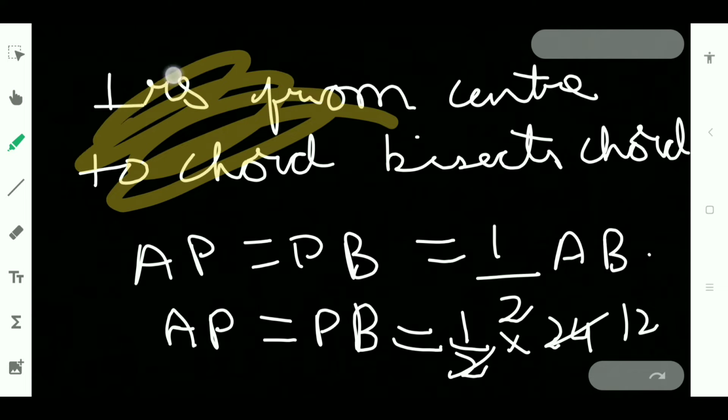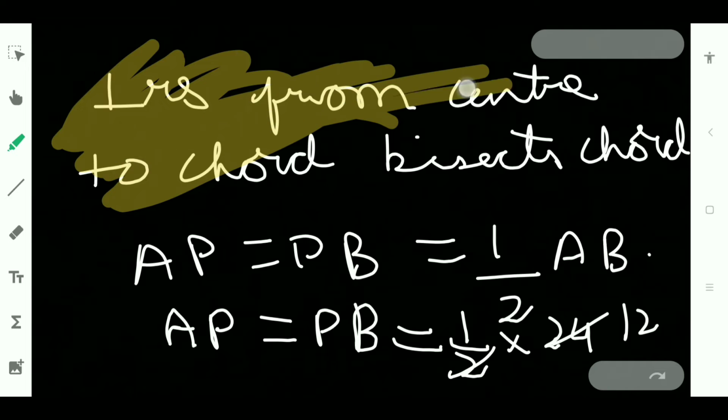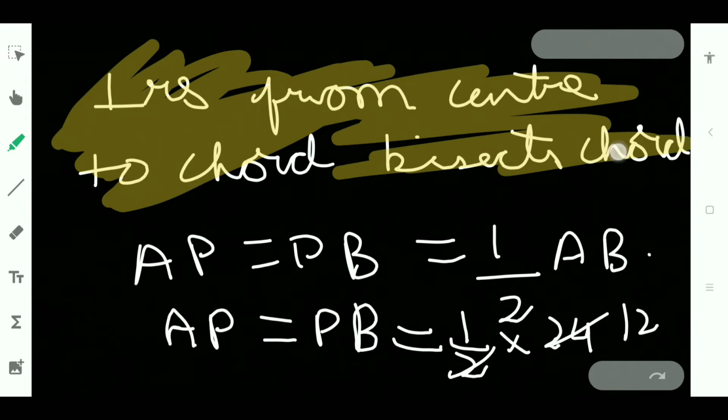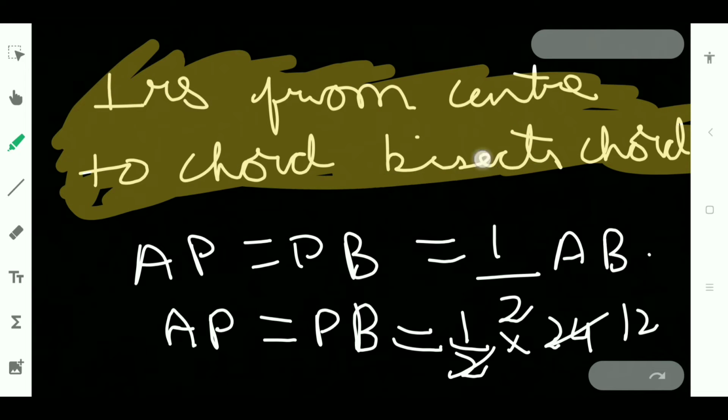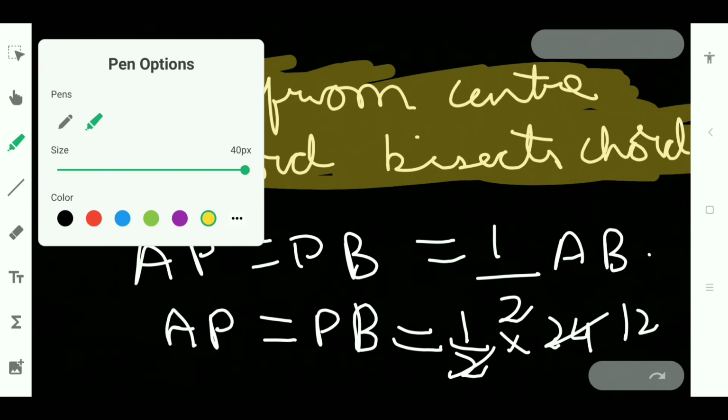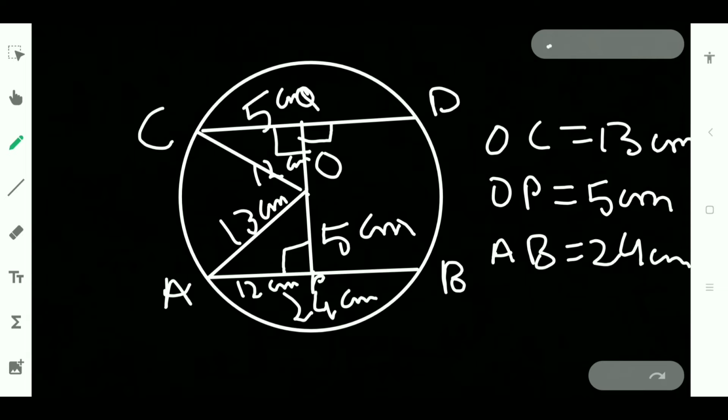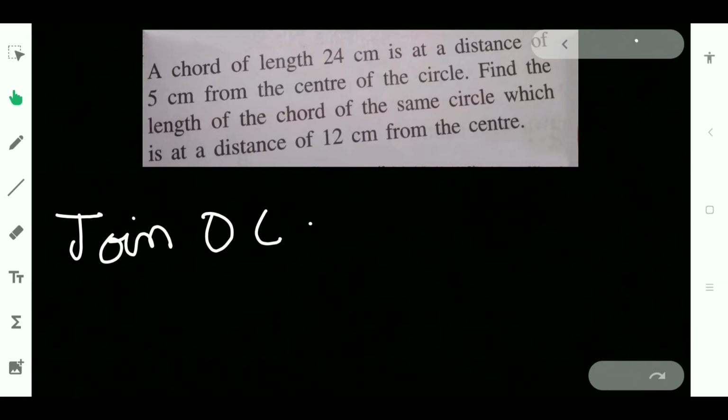This statement will be using that perpendiculars drawn from center bisect chord. The highlighted one you can see, perpendiculars drawn from center bisect chord. This is theorem. So this theorem will be using over here. Perpendiculars from the center bisect the chord, means CQ will be equal to QD, which is half of CD.